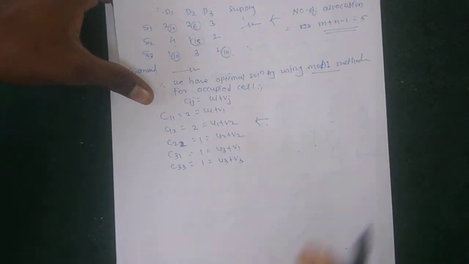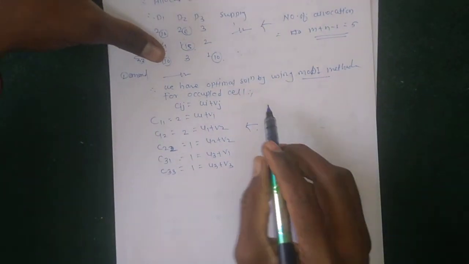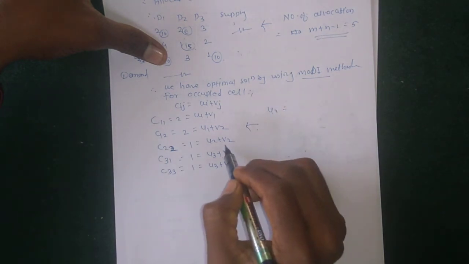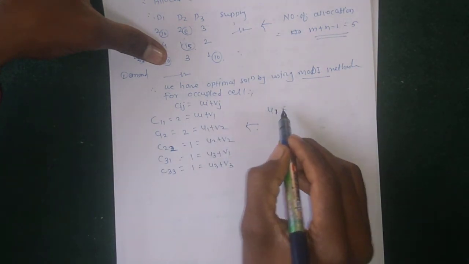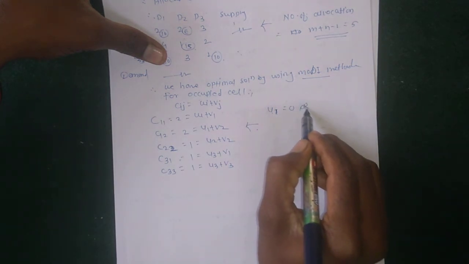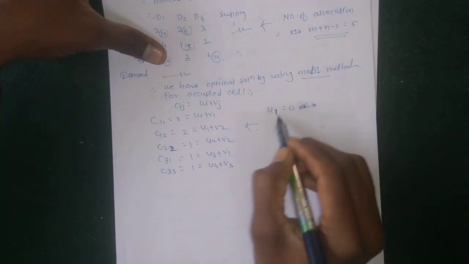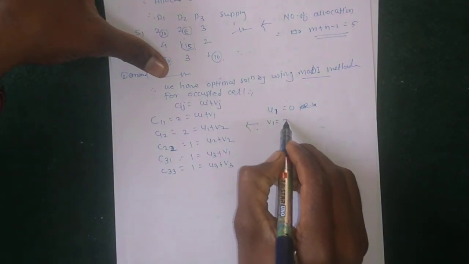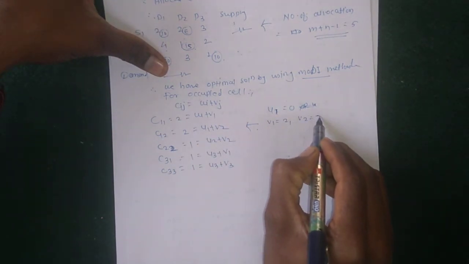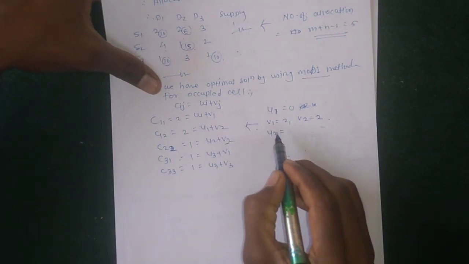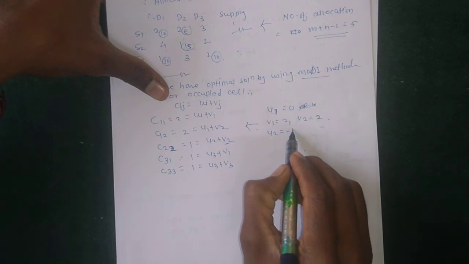And now we have to find the ui and vj. Here, put u1 is equal to 0 or u3 is equal to 0. Okay, put any one of these. Here I am putting u1 is equal to 0, which implies that v1 is equal to 2. Then v2 is also equal to 2, which implies that u2 is equal to minus 1.